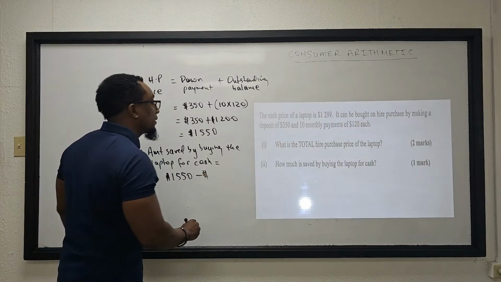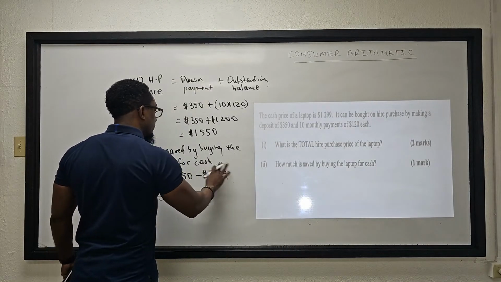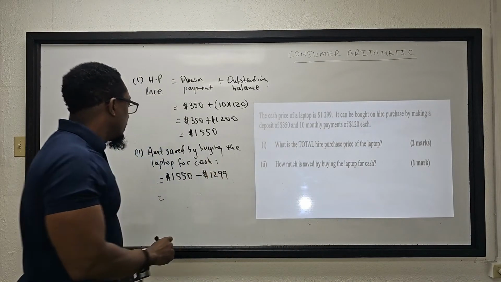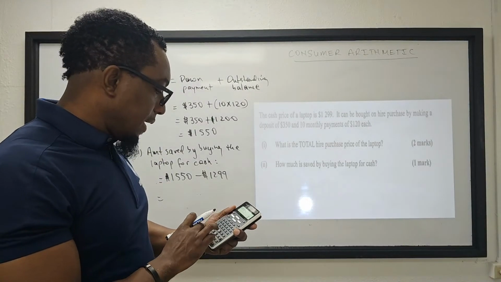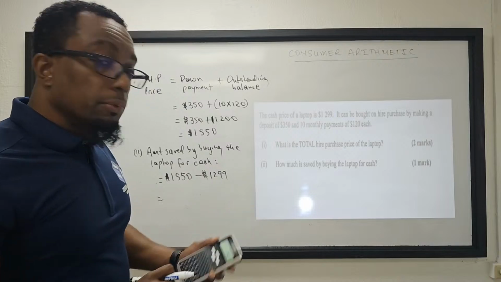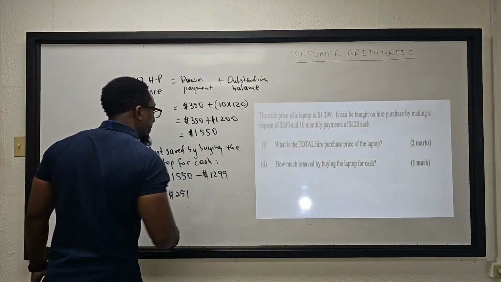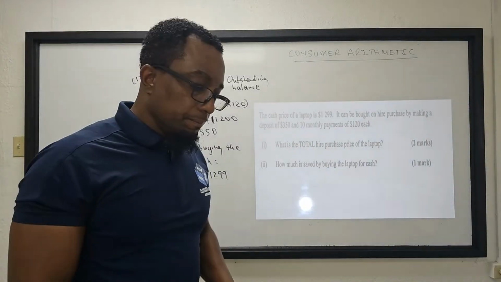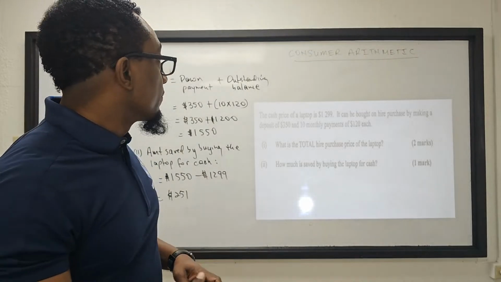If you bought it cash, this is how much you're going to save. It's going to be 1550 subtract 1299, so the amount saved will be $251. So if you bought it cash, that is what you are going to save.